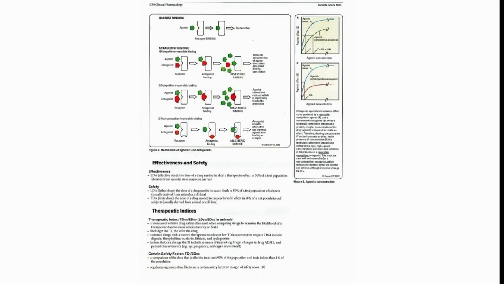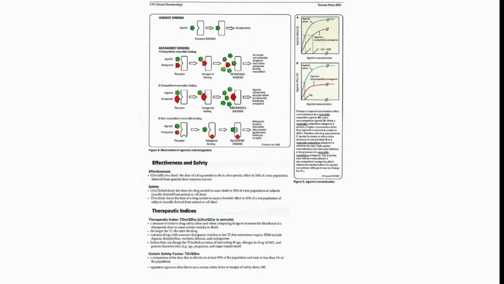In competitive reversible antagonism, both agonists and antagonists compete for the same receptor binding site. Binding is reversible, and the antagonist can dissociate from the receptor. Since the antagonist can leave the receptor, increasing the concentration of agonist allows the agonist to outcompete the antagonist.